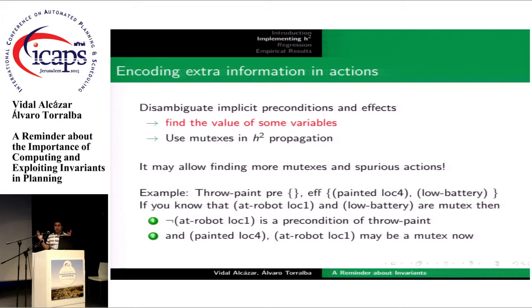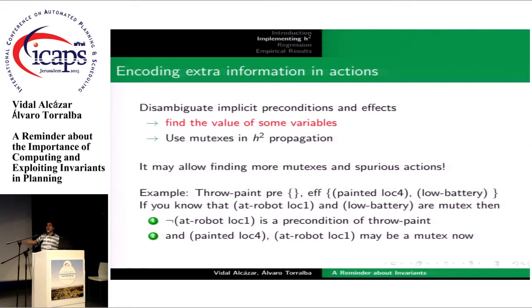You know for some reason that if the robot has low battery and it's at location 1, it's not going to be able to reach the goal anymore. Then you can add that the robot is not at location 1 as an implicit precondition of this action. Because if you apply this action in any state in which the robot is at location 1, you will only generate a dead-end state. And therefore, adding this precondition can be useful knowledge.